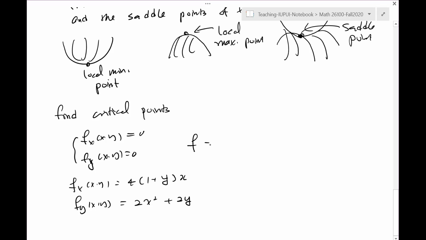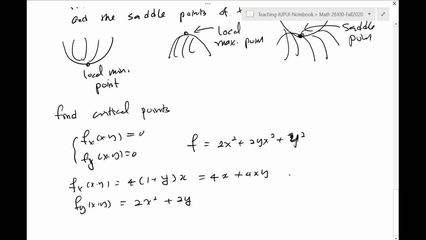Remember the function: if you multiply this out, it is 2x plus 2yx squared plus y squared. So when you differentiate with respect to y, you get 2x squared plus 2y. When you differentiate with respect to x, you get this. You can multiply this out: it's 4x plus 4xy.